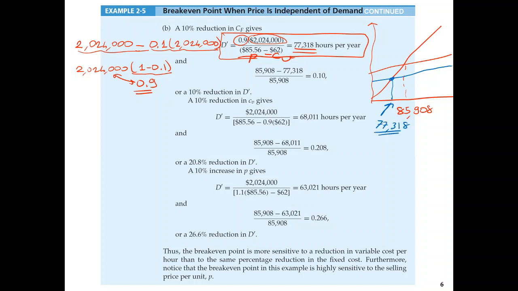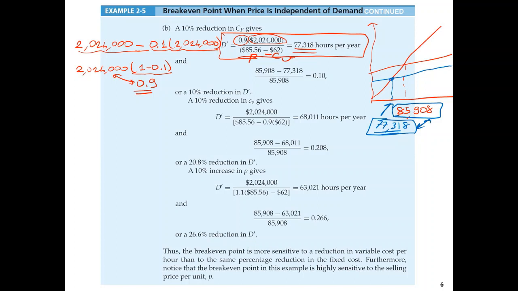77,318. And now we calculated the new break-even point, how much this break-even point changes. But of course, other than finding this, it's also important to calculate what was the reduction percentage in the break-even point. Initially, it was this much, and the new value is this much. So what is the reduction here from the original value to this new one?